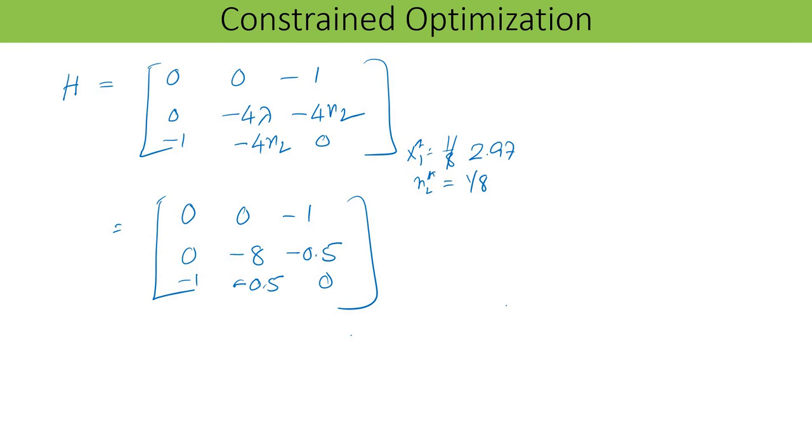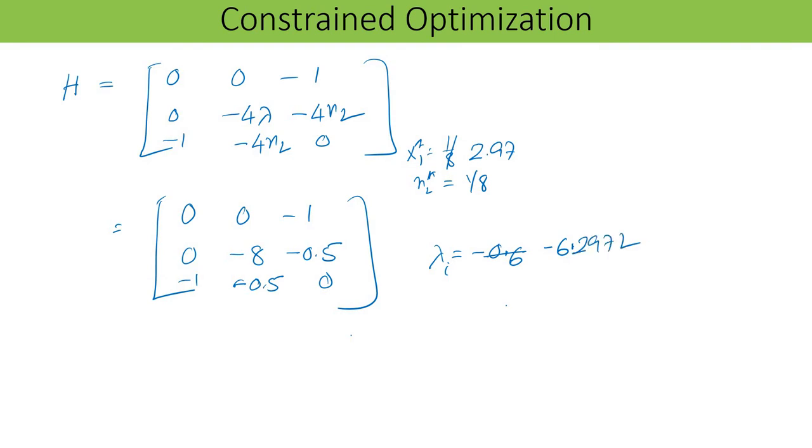If I calculate the eigenvalues, don't be confused with this: lambda is the eigenvalue, so I can write this as the eigenvalue lambda i or something like that, and this value is coming minus 6.2972.